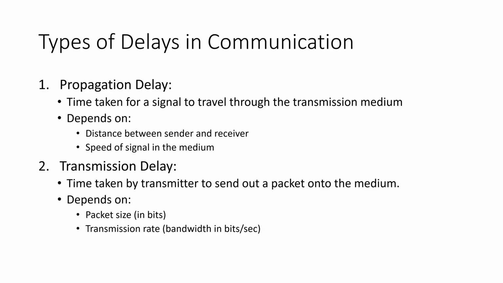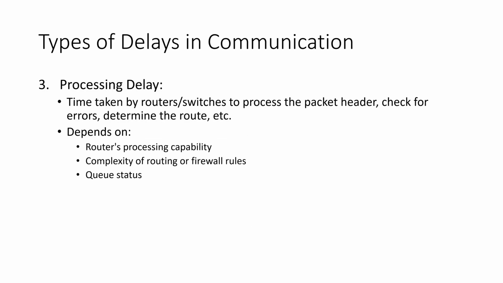The next is transmission delay. The transmission delay is the time taken by the transmitter to send out a packet onto the medium, and it depends on the size of the packet and the transmission rate of the link. Processing delay is the time taken by the internetworking devices to process the packet header, check for errors, and determine the routes.